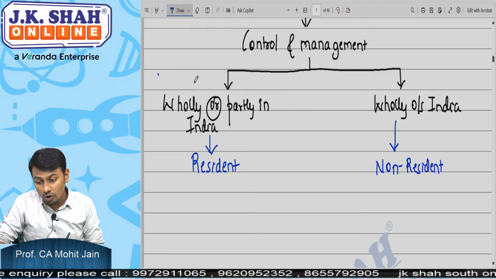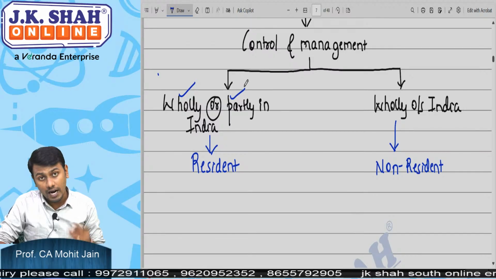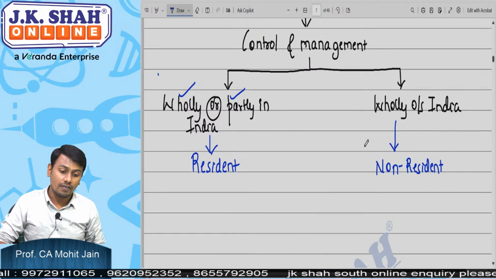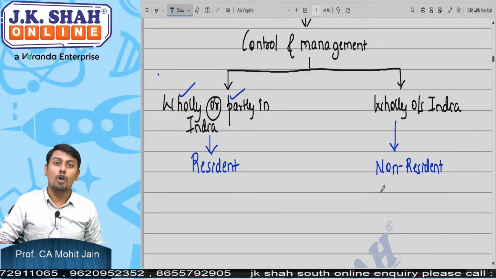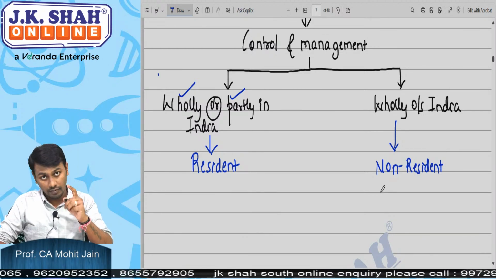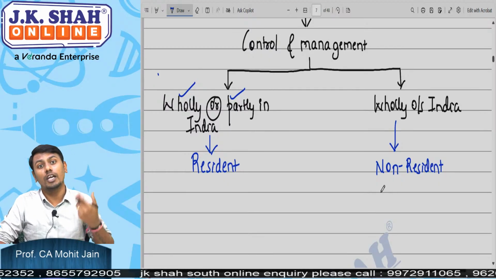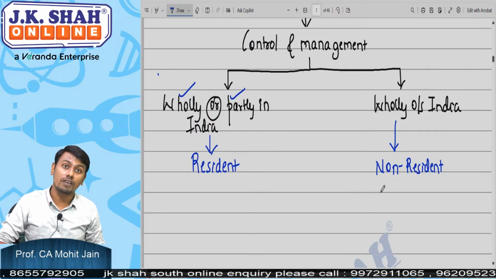Means whether the control is wholly or even partly in India, then the HUF will be called a resident. Otherwise the HUF will be called non-resident.